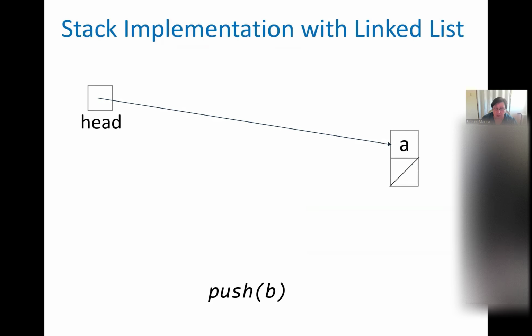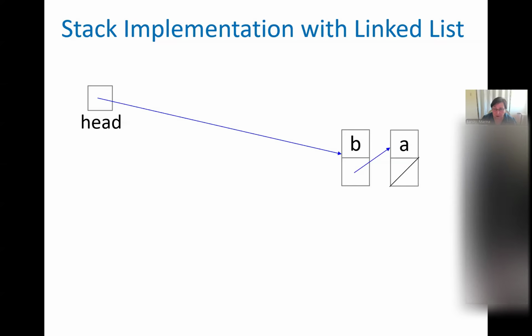I'm going to add to the head all the time, because I need to remove the most recently added. The sequence I store here is A and then B, so B is the most recently added. When I pop, I need to remove B.